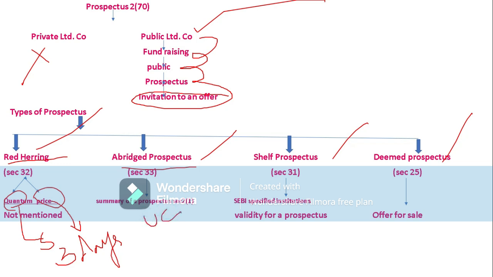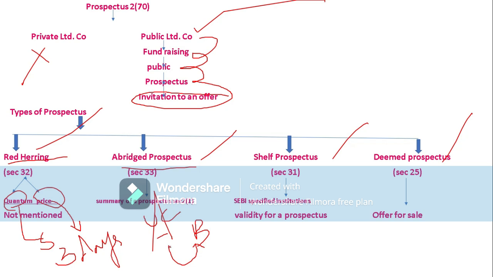Underwriters are third parties. For example, A is the company and B is the underwriting company, meaning the shares will be issued by company B, not directly by company A. Company B will issue on behalf of A.